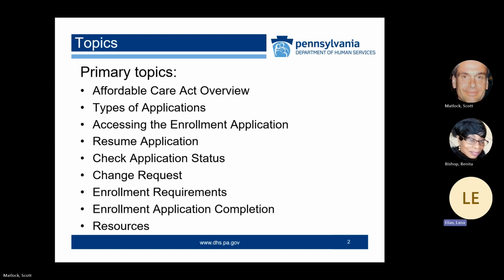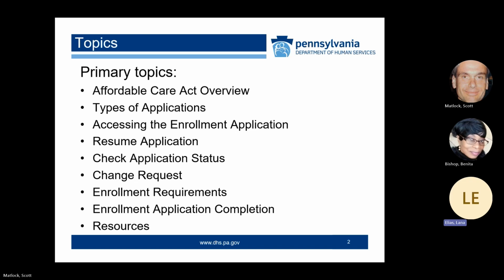Thanks, Benita. This is Lana Elias, Gainwell Technologies. Our primary topics of discussion today will be the Affordable Care Act overview. We're going to review the types of applications that providers can complete.